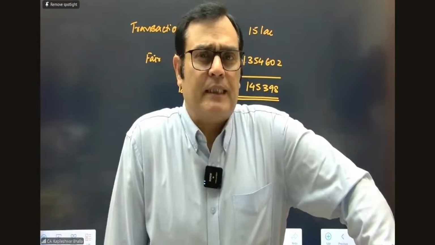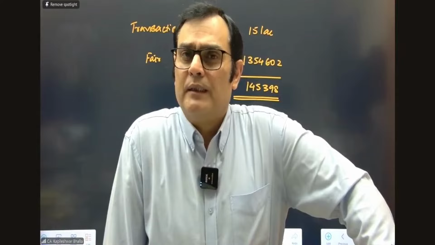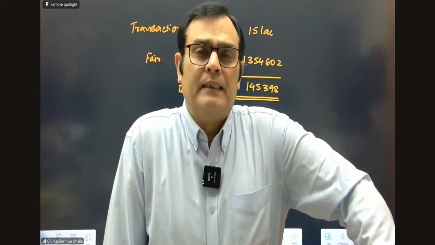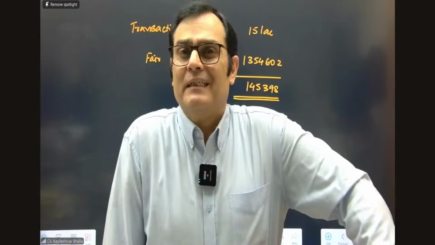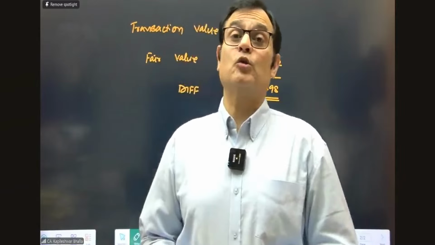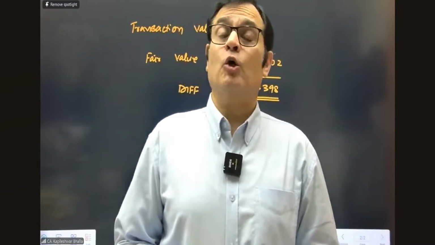Since in this particular case it is a concession loan, the relationship is between the employer and the employee. This is going to be taken as a prepaid staff expense. And then this prepaid staff expense is going to be amortized over the period of the loan, that is on a straight line basis for a period of 5 years.